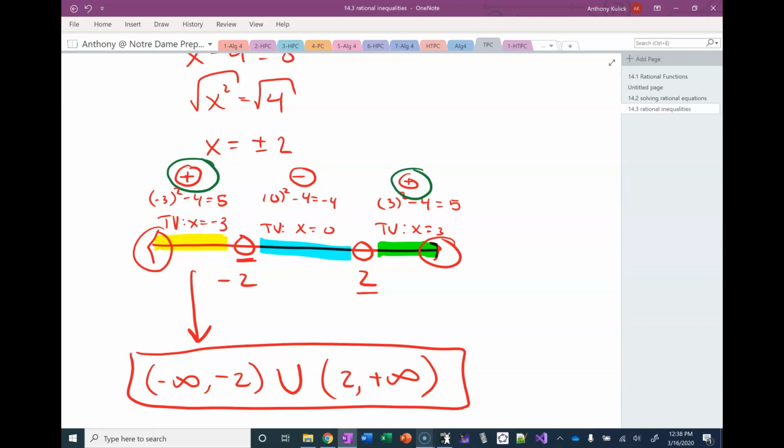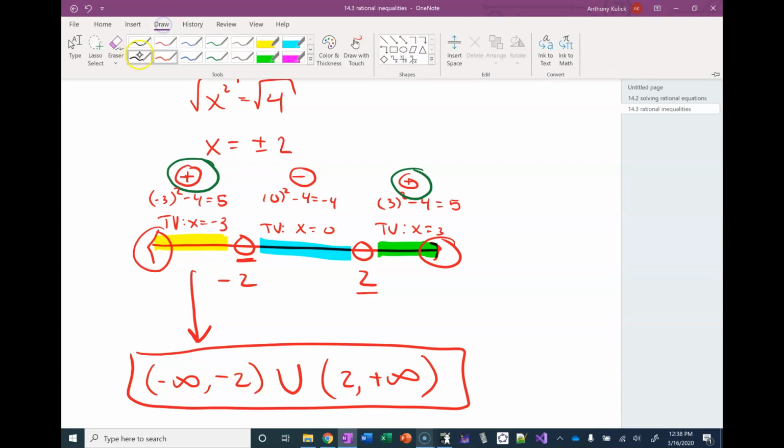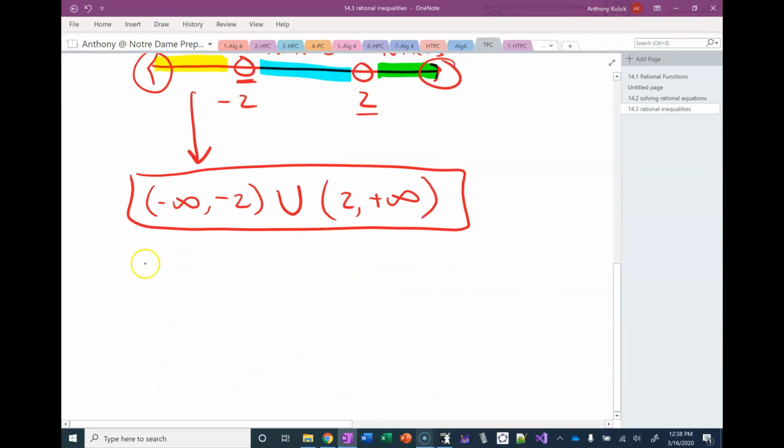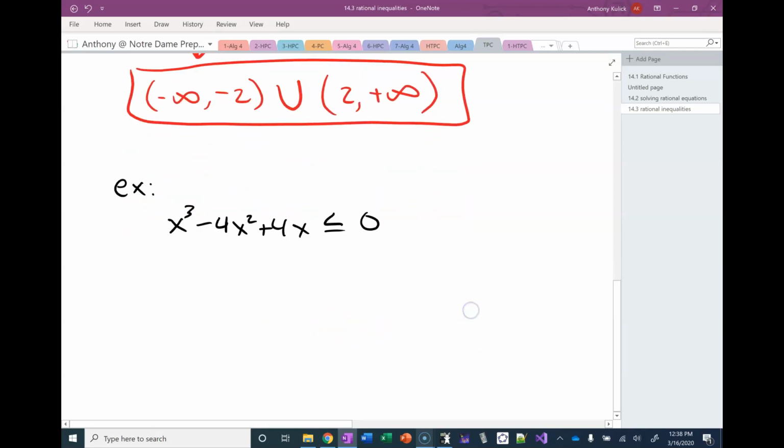Let's do another example. Let's say we have the inequality x cubed minus 4x squared plus 4x is less than or equal to 0.